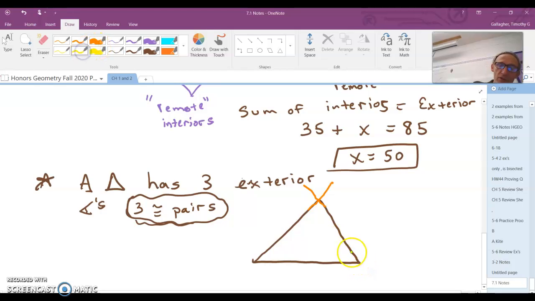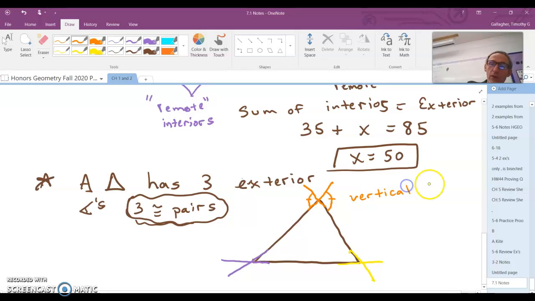I'll draw an X on that vertex, on this vertex, and finally on this vertex. Now, what you should notice is this is the exterior angle for this vertex. And so is this, but they're vertical angles. They are exterior too.